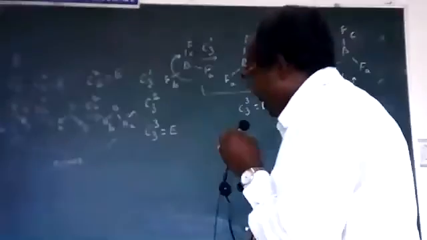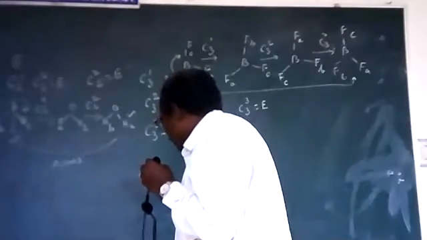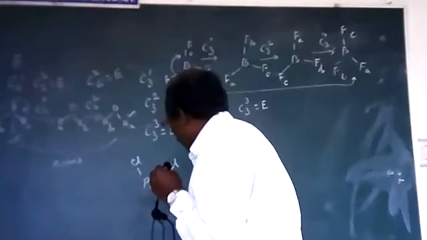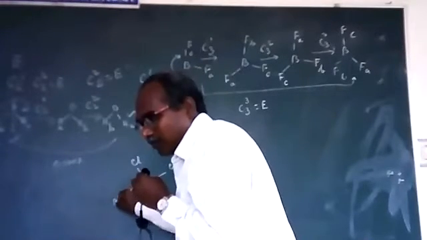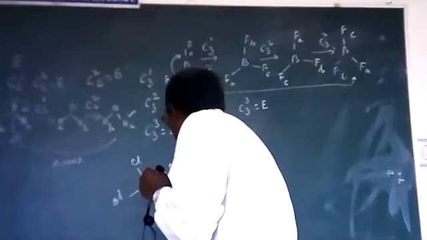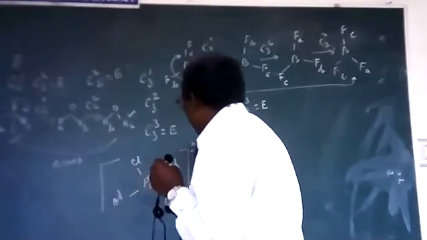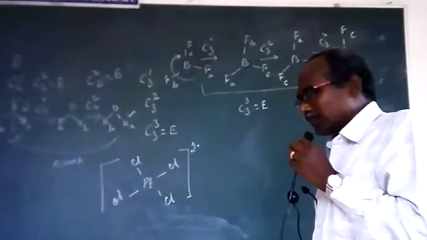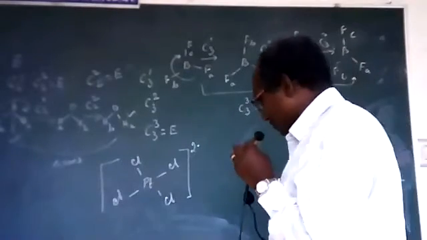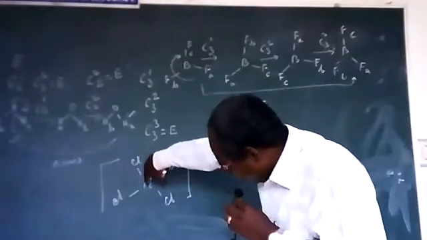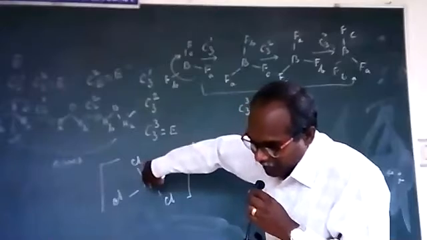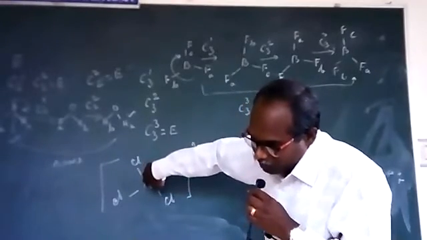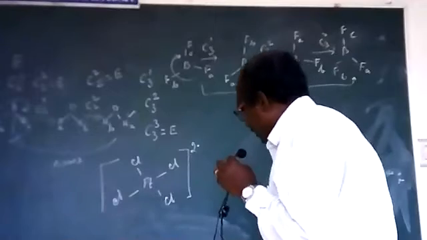Now, if you take the platinum Cl4 2 minus complex, this is a square planar complex. In this square planar complex, the axis perpendicular to the plane of the blackboard is the C4 axis.